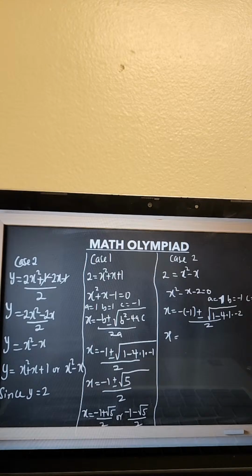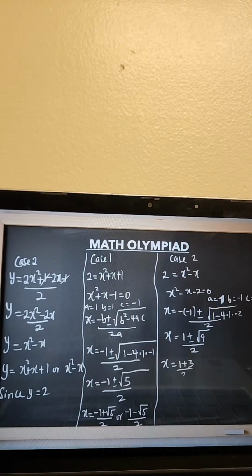So x equals 1 plus or minus the square root of 9 over 2. The square root of 9 is 3.